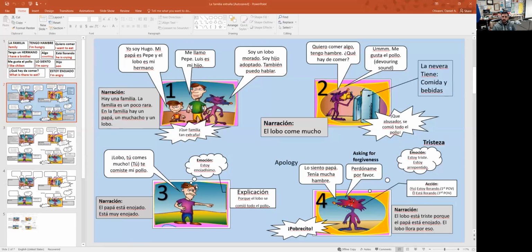That's the point I want to get to, a story that is not so cartoonish like it looks right here, but a little bit more complex. So I need to build them to that point, and eventually I want them to write their own stories, using the vocabulary that we see throughout the mini stories.